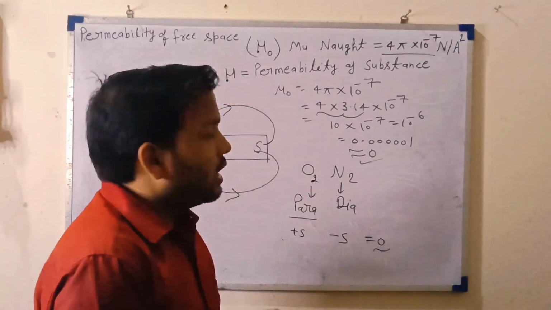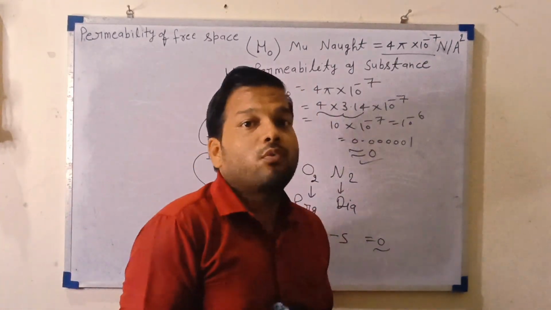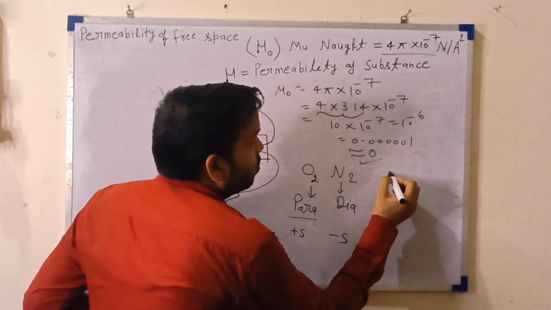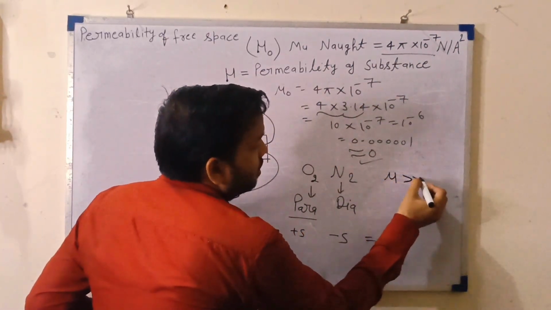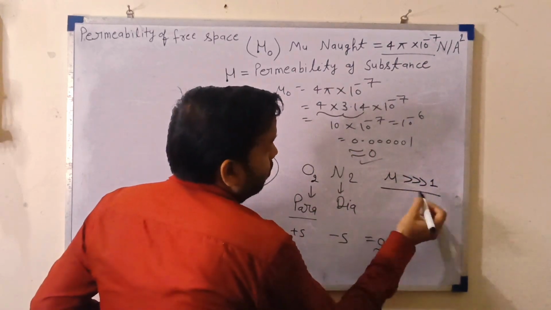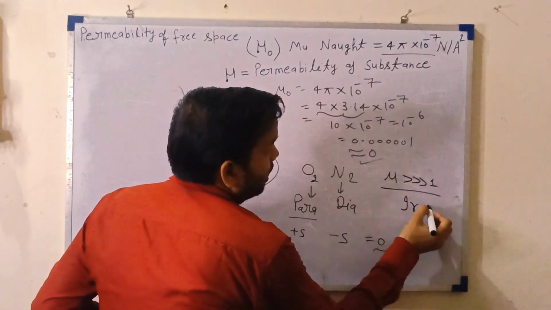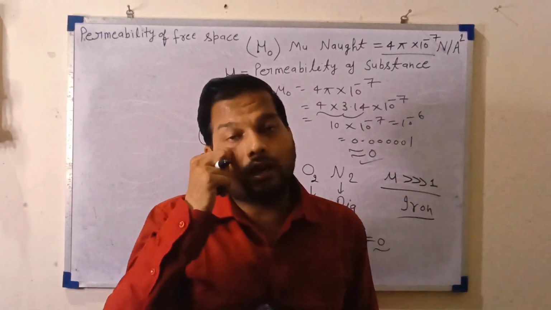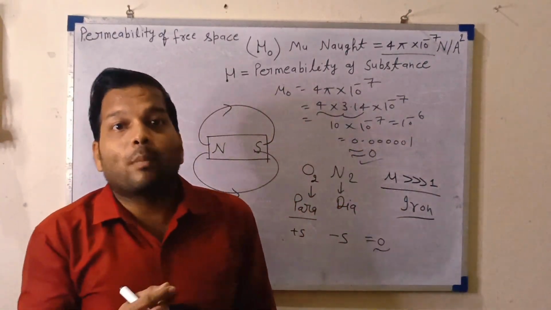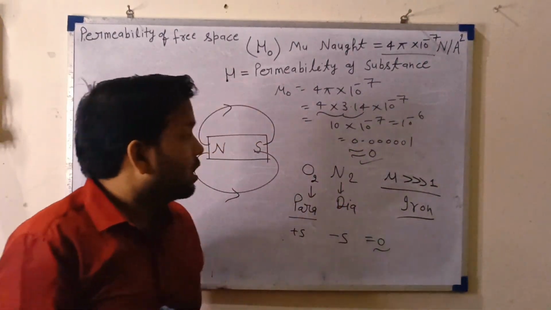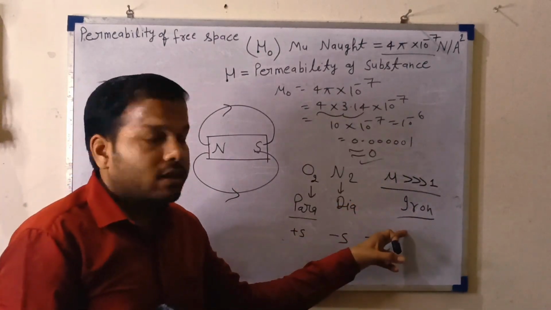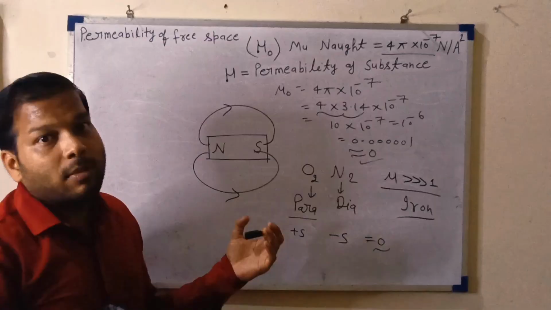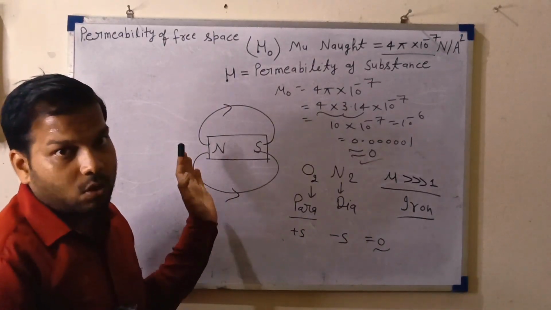As I told you, the value of mu for a ferromagnetic substance like iron is much greater than 1, and that's why we use soft iron in the case of motor, transformer, electromagnet. The value of mu for iron is 10,000 times greater than the permeability of free space or vacuum.